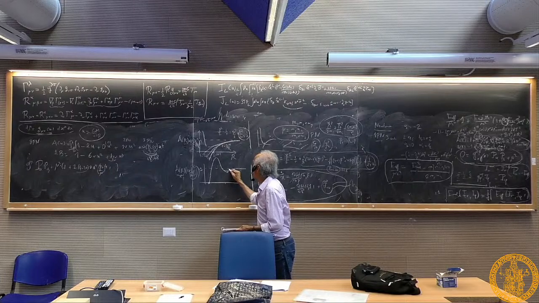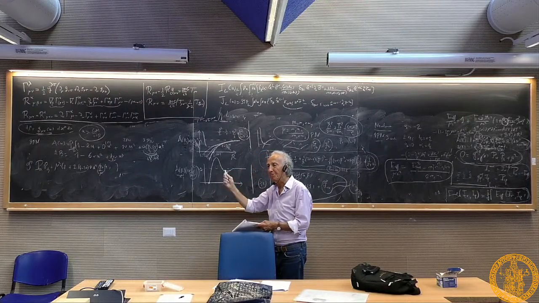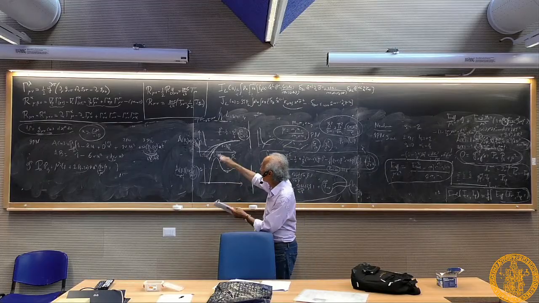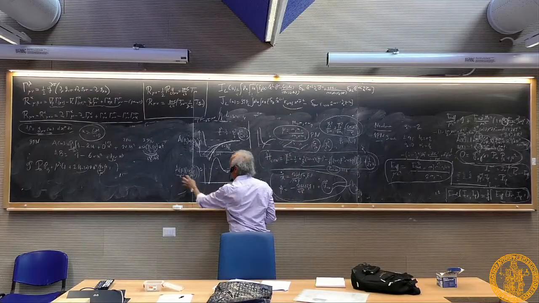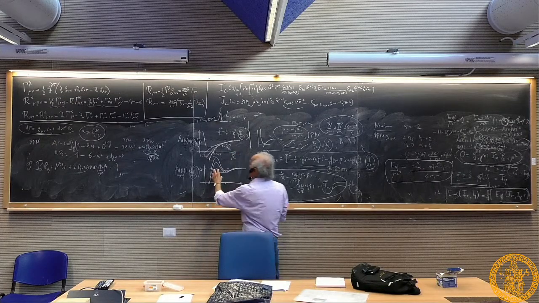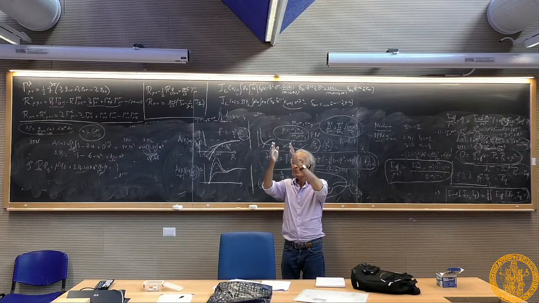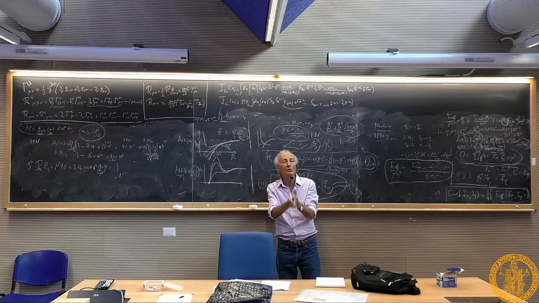If I put more energy, I will have elliptic orbits going like this, and I can qualitatively see what happens. But then, because this thing vanishes here, if L squared diminishes, this thing will start being like this. And then at some point, this mountain, the hill, which is a centrifugal barrier, will disappear.